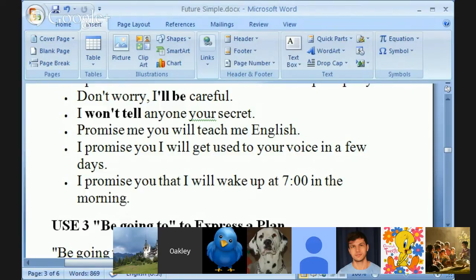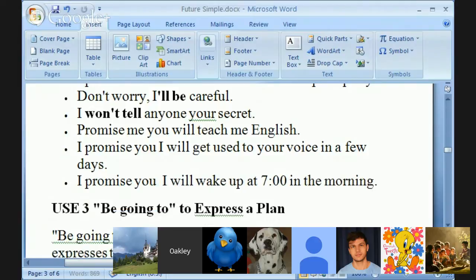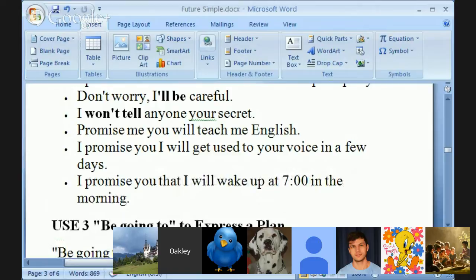And really, this would be grammatically correct. I always forget to mention this, that you should have this conjunction here to tie these two clauses together. I forget to mention it because in speaking, it's very common to just omit it. This is something called ellipsis. We kind of drop some words sometimes when they're not important. But really, to be grammatically correct, I would need to put that there. I promise you that I will wake up at 7 in the morning.